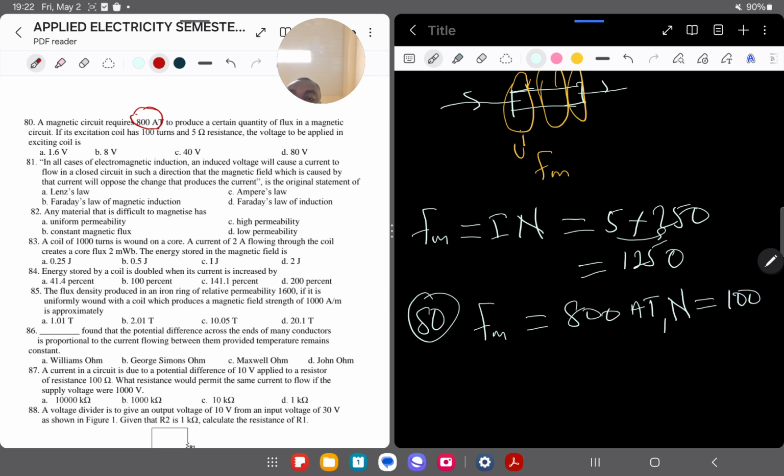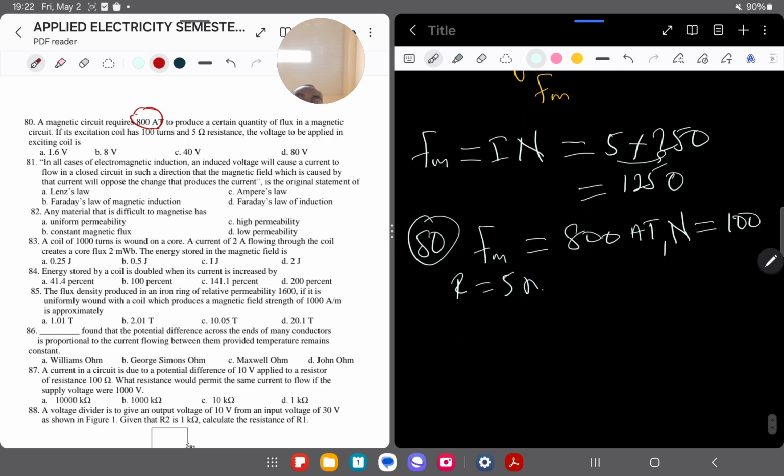And then a 5 ohms resistor, the voltage to be supplied to the exciting coil. So we are now interested in the voltage. We are also given the resistance to be 5 ohms here.